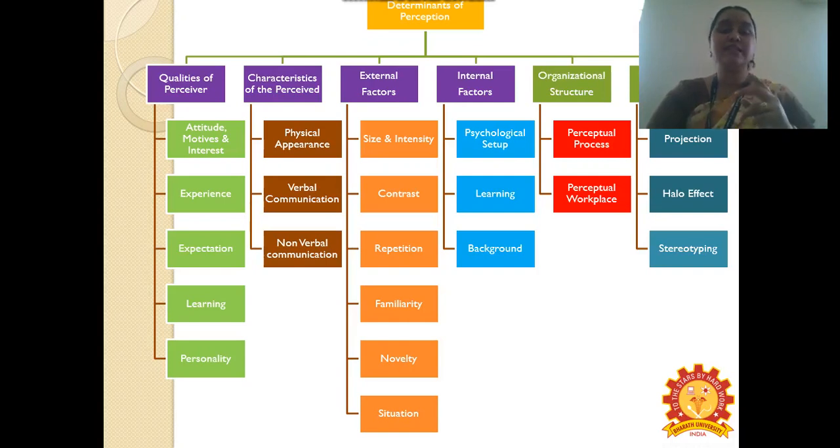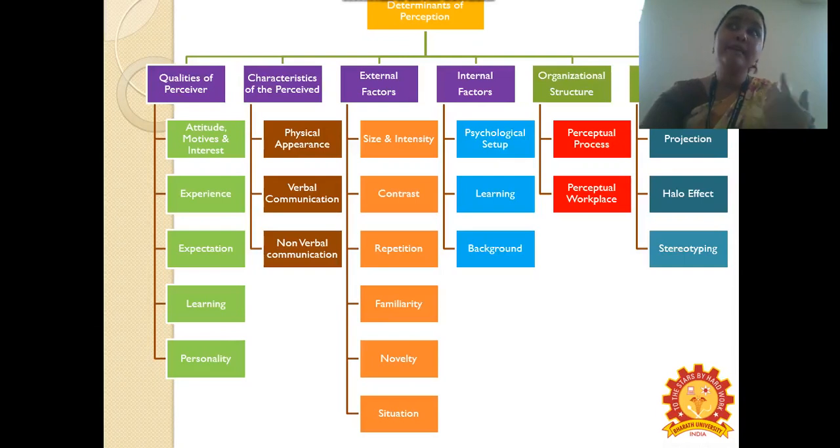Then the second one is halo effect. What does halo effect mean? What is halo? Halo effect occurs only when one particular trait or characteristic is considered for perception. So let us say that I am a very jovial person. I get along with people so much. I am an extrovert. I enjoy the company of other people.